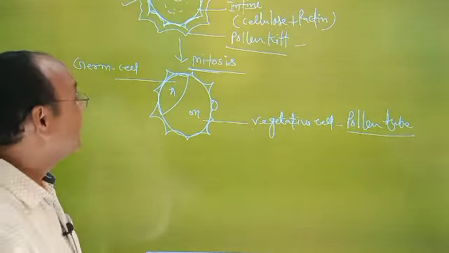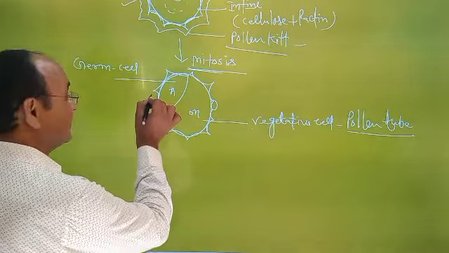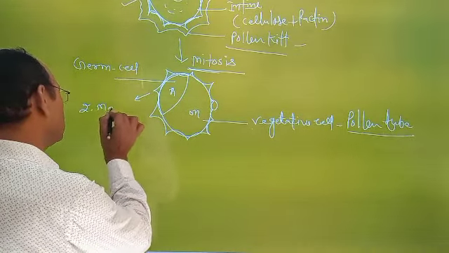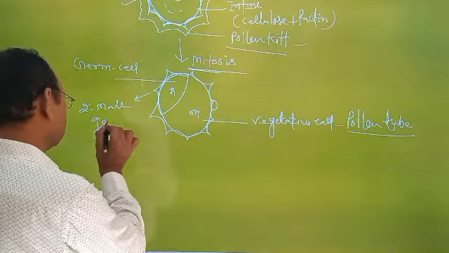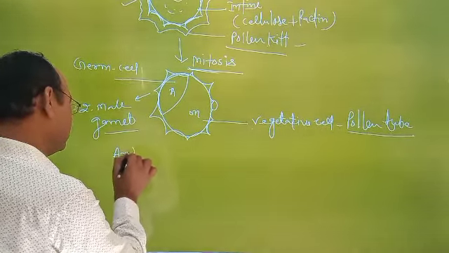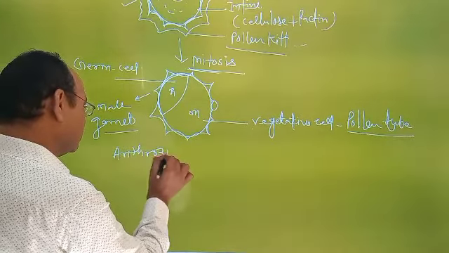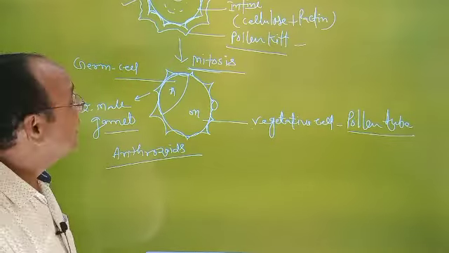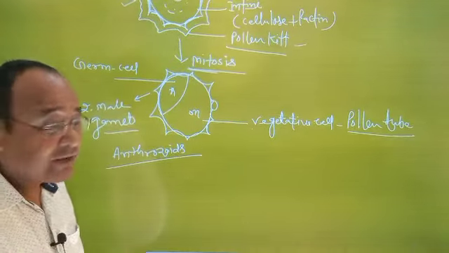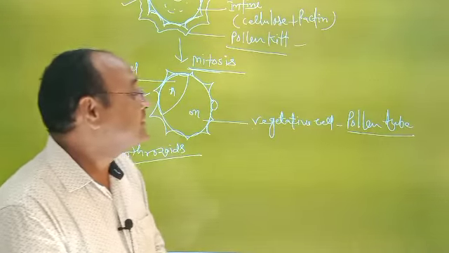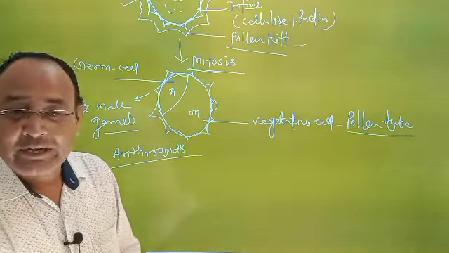And the germ cell develops the 2 male gametes, which are called anthrozoids. So what is the function of the vegetative cell? Develop the pollen tube.